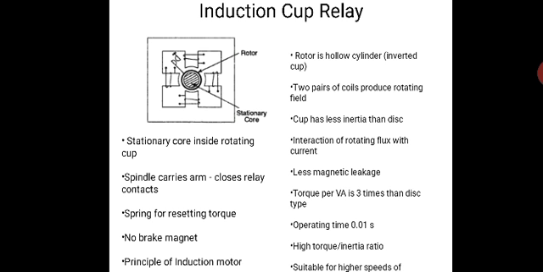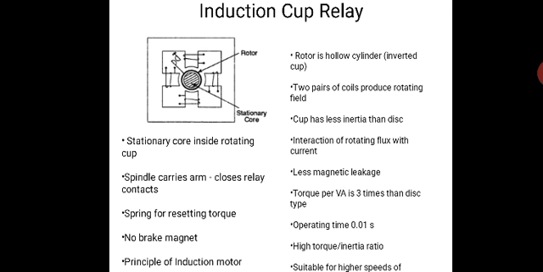The rotating field is produced by two pairs of coils wound on 4 poles as shown in the figure. The rotating field induces currents in the cup, which provide the necessary driving torque.